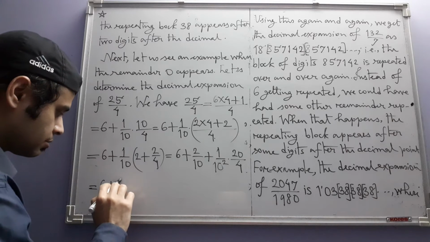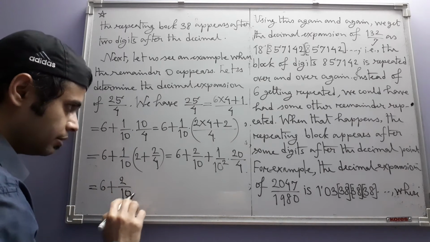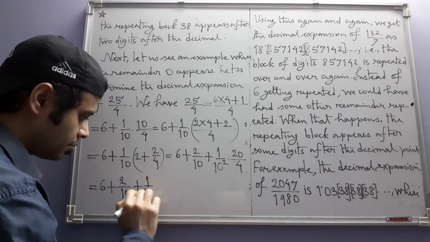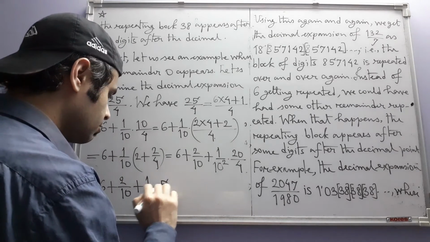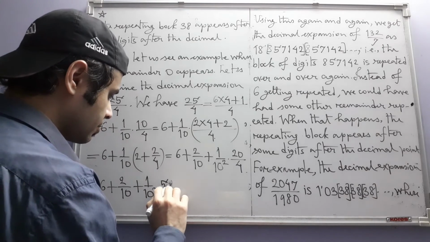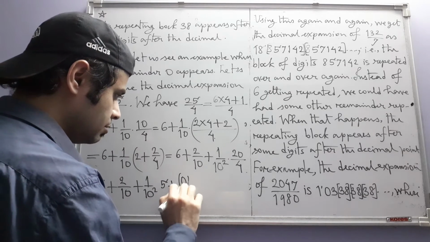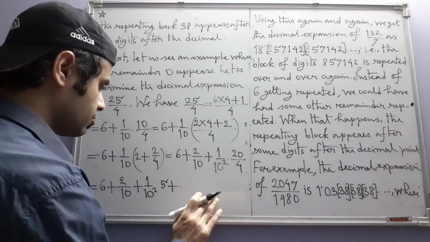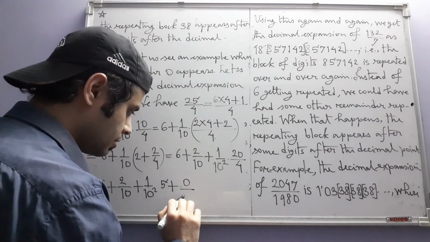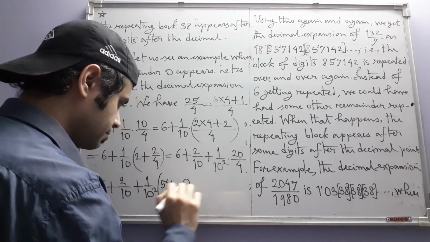6 plus 2 by 10 plus 1 by 10 square. Now this becomes 5 plus 0 by 10. Okay, there is no need to write within brackets. 0 by 4.